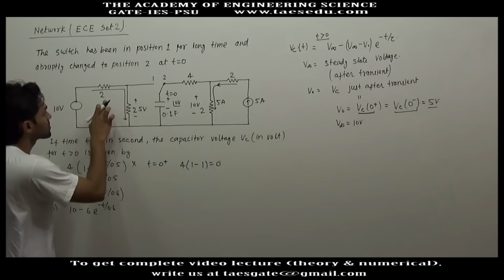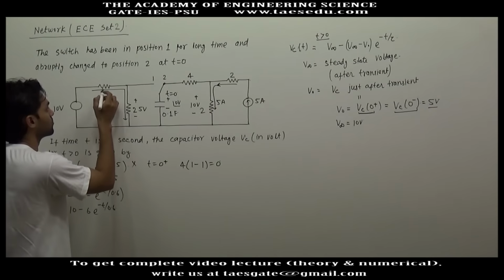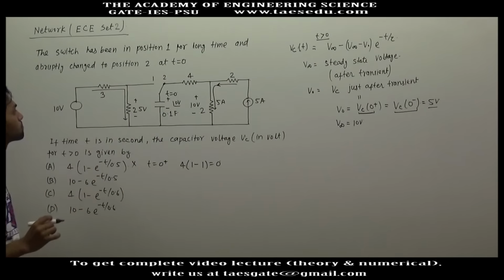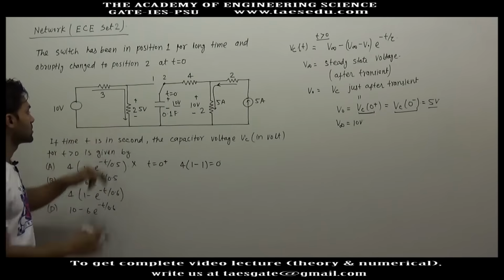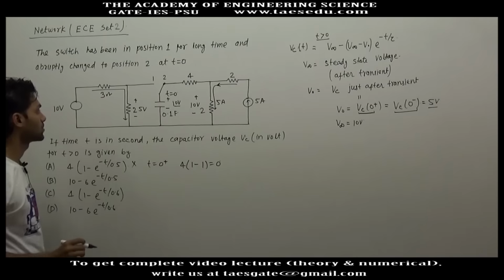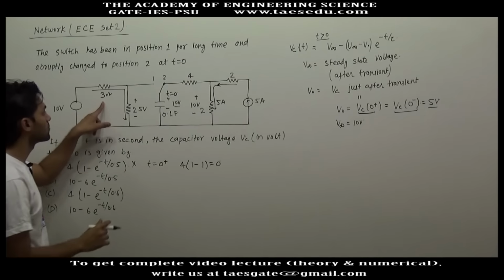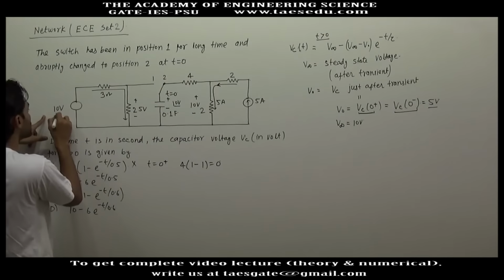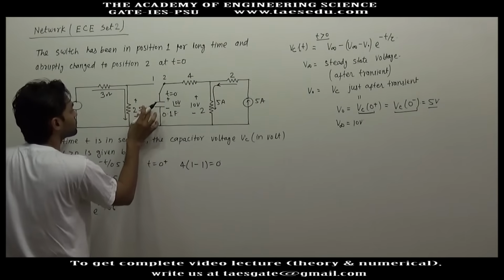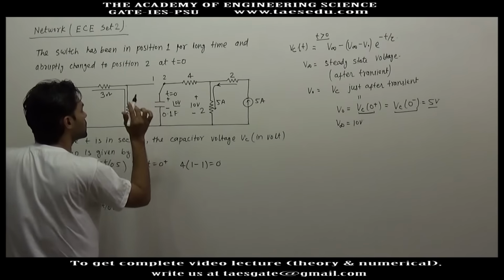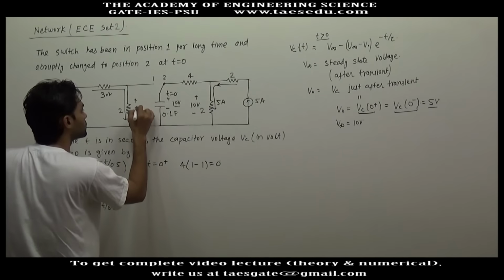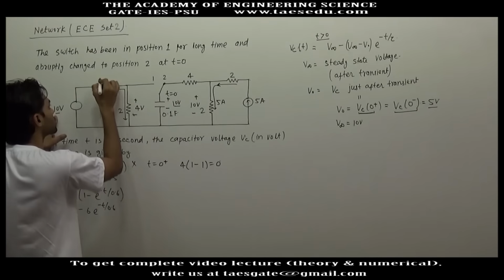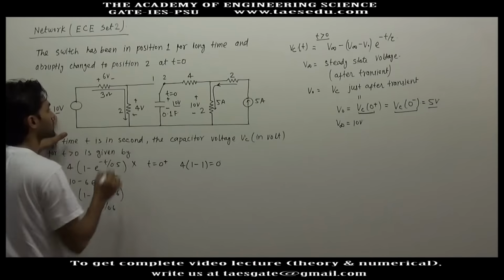In the question, this is not 2 ohm, this is 3 ohm. By mistake I took this resistance as 2 ohm, actually this is 3 ohm. Now if this is 3 ohm and this is 10 volt, by voltage division, here the voltage difference will be 4 volt, and here the voltage difference will be 6 volt.